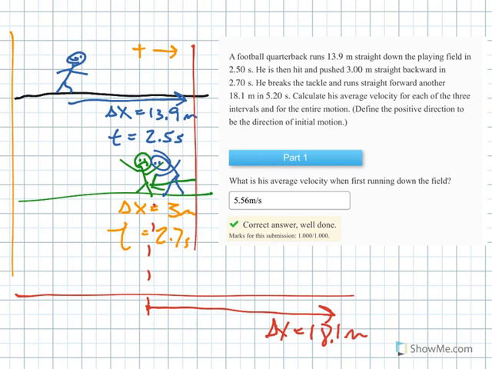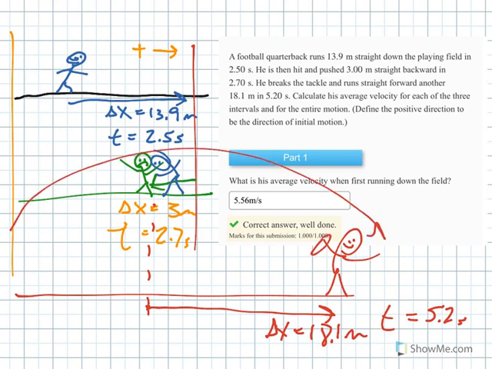And this time he ran that 18.1 meters in 5.2 seconds. Okay. So, yay. I don't know if he had the ball or not. Presumably he was carrying a football with him, or maybe he was just waiting to catch the football. Projectile motion. And then we want to know the average velocity during each of these parts of the problem here.